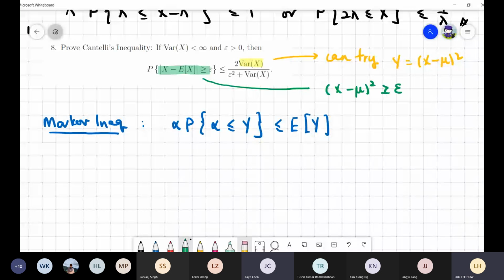Since there is a square here, you square it to be consistent. So that's why then you should choose alpha to be epsilon square. Maybe that's the way. You look at the pattern in here, then you see which ones to be chosen here.